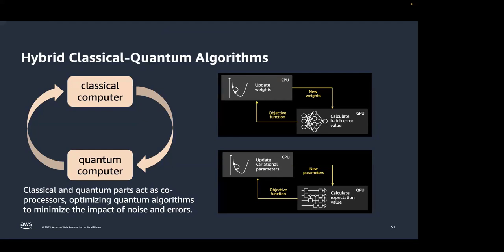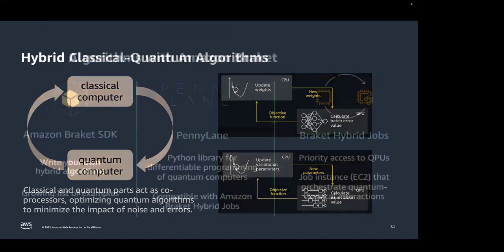And if you think about it, even if we have a full-fledged quantum computer with fault tolerance and error correction, the paradigm is still going to be a hybrid model, right? Because quantum computers are not expected to completely replace classical computers, but to work in tandem with them. The classical computers, CPUs or GPUs, will still be used in some capacity for pre and post processing, right?